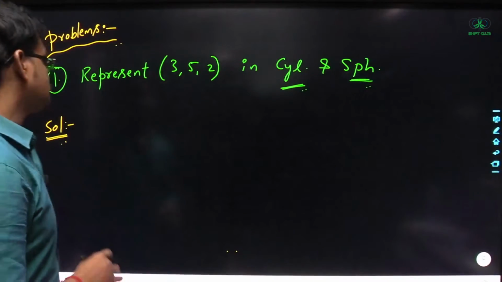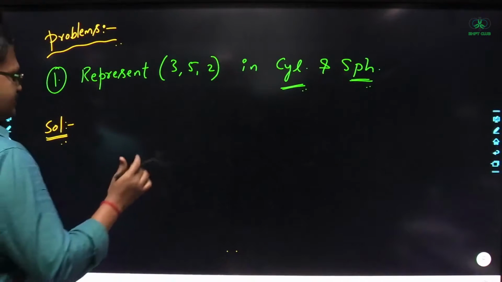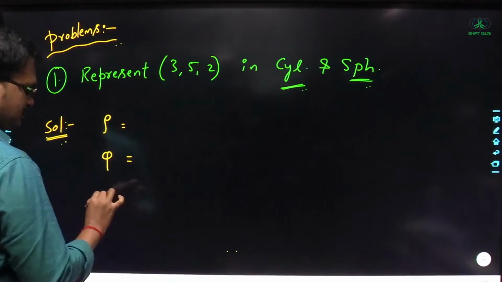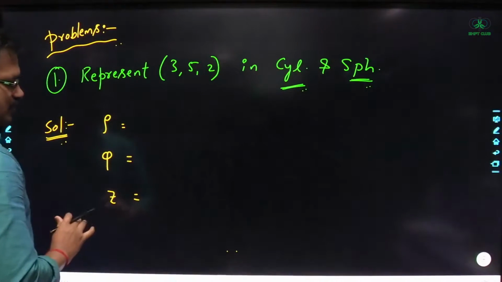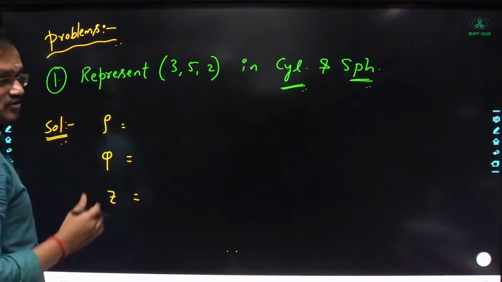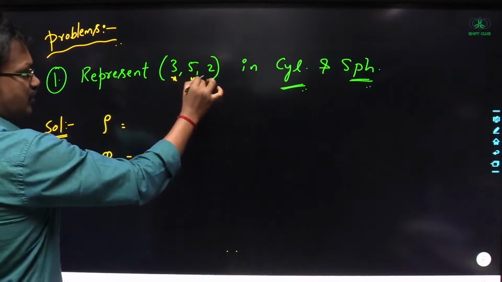See here, I hope you got the answer. In cylindrical coordinates, you have to determine rho, phi and z. This is x, this is y and this is z.